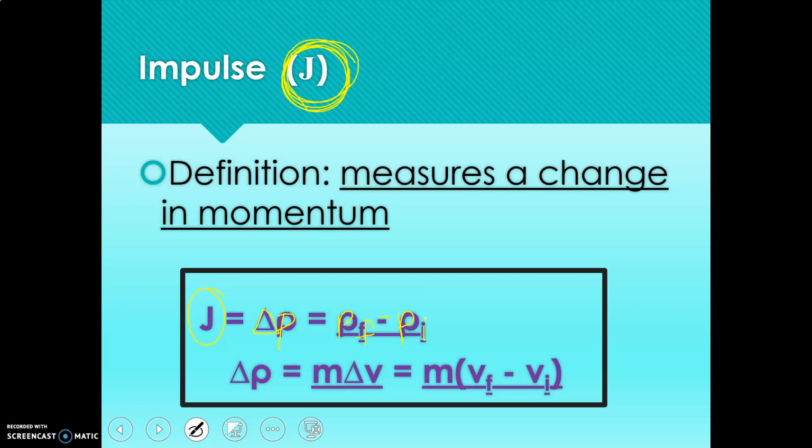You could also see that the change in momentum, so delta P, is equal to the mass times the change in velocity. Because remember, velocity is changing. The mass isn't changing.